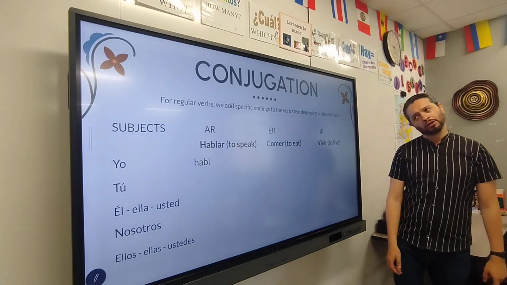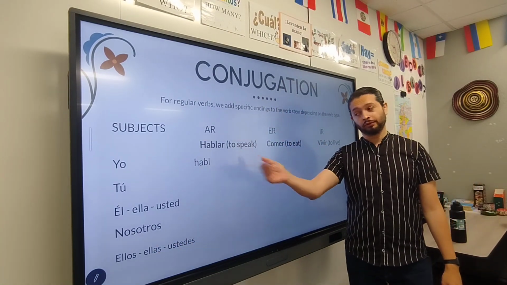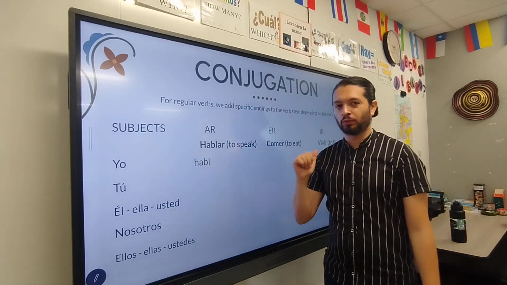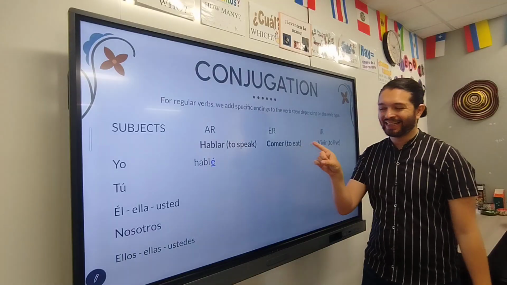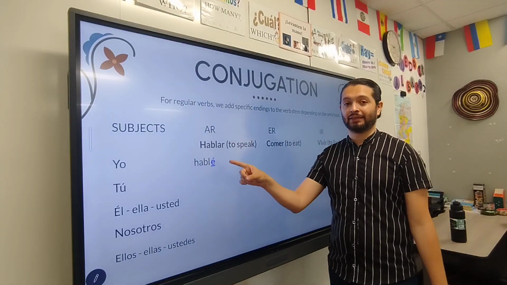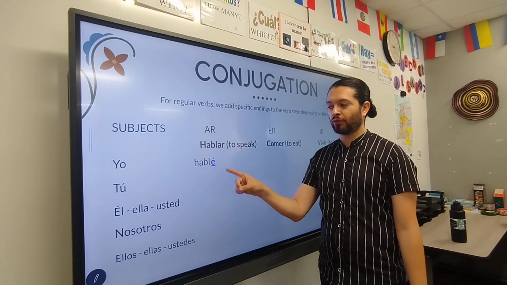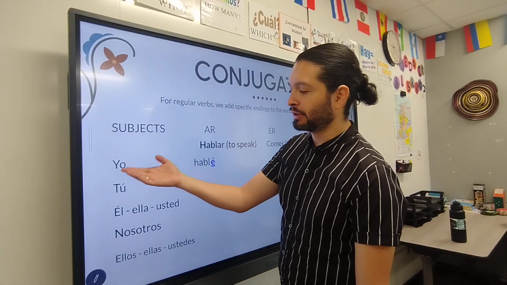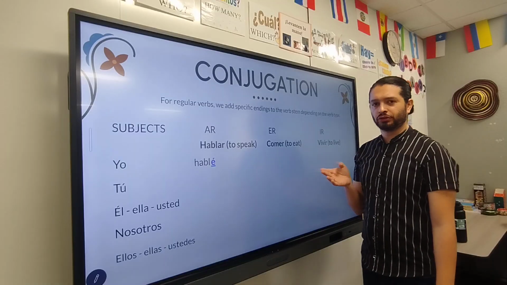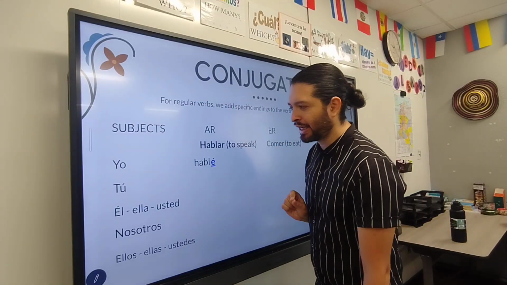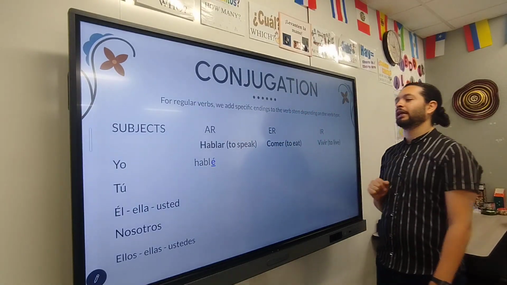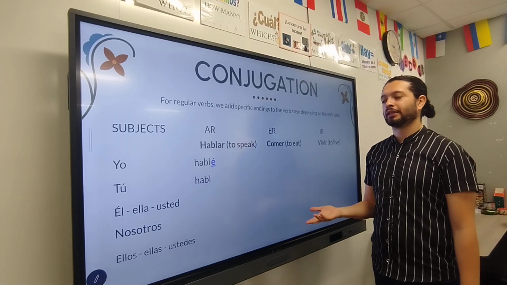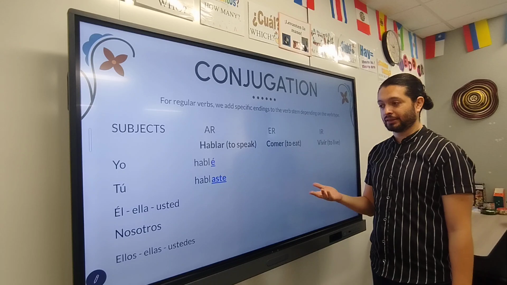For AR verbs, we're going to use our stem first and the ending for AR in the simple past, which in this case is é, with an accent. Very important, with a graphic accent that we call tilde in Spanish. That's something that we do for the first person. Tú, we have our stem and the ending aste, hablaste.